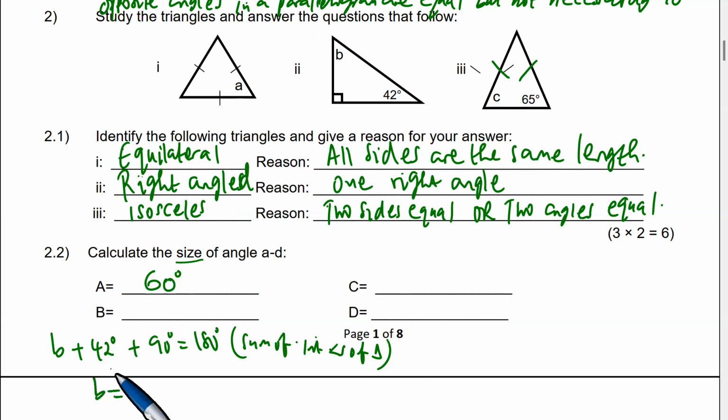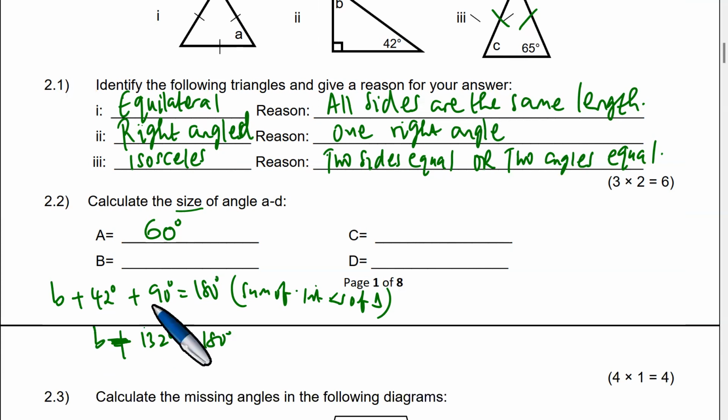So what is 42 plus 90? 132. 132 degrees. So B is 180 degrees minus 132.